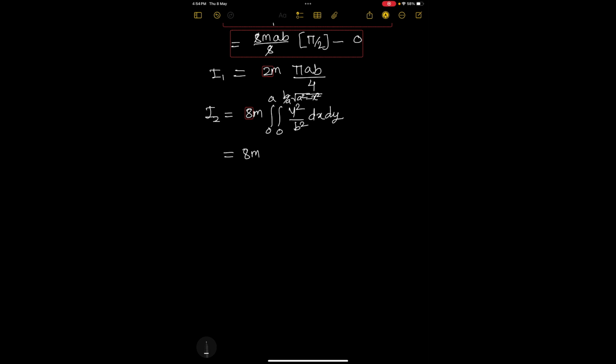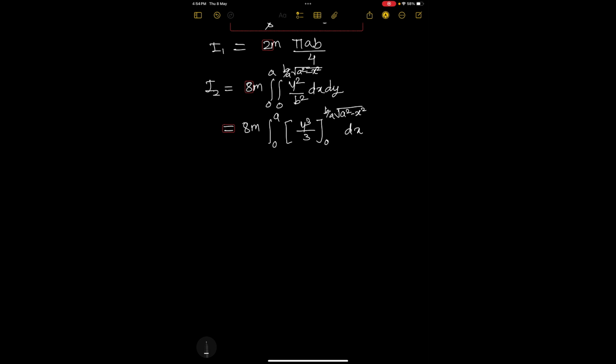Now it becomes 8m into 0 to a, y cube by 3, 0 to b by a root a square minus x square, dx.